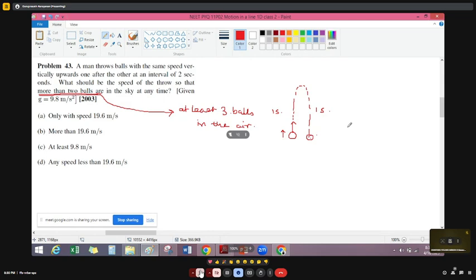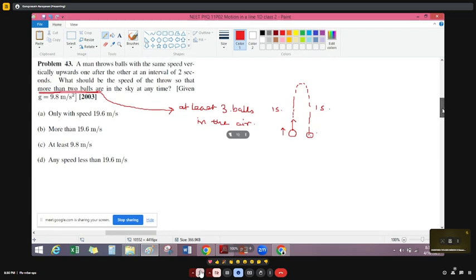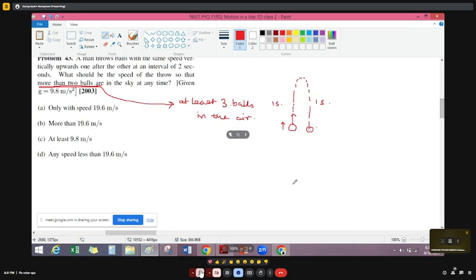I have to try something like this: one ball here, and one ball has come here. Let's try another situation.